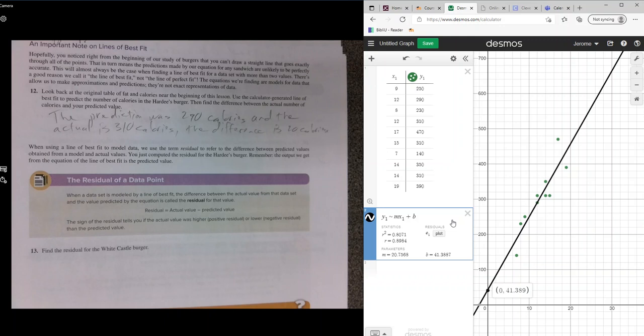Now, we go back and we look here at the White Castle burger. If you notice, the White Castle burger is 140. That is the actual.